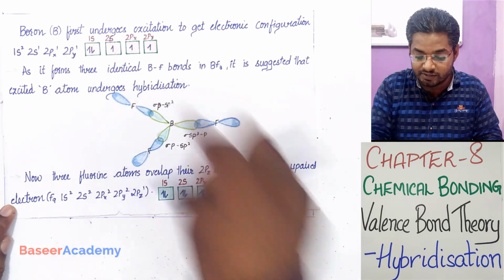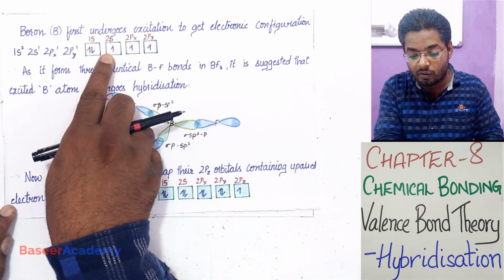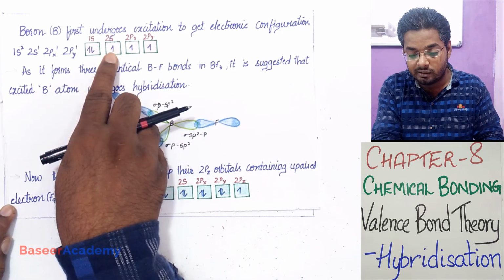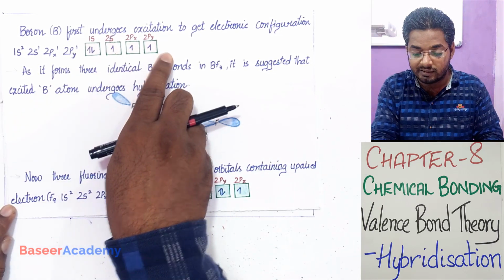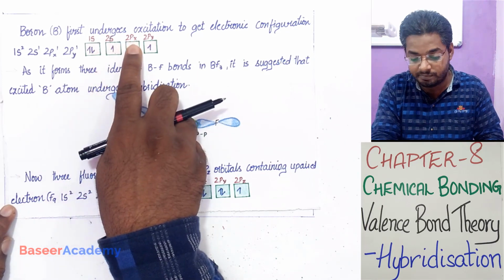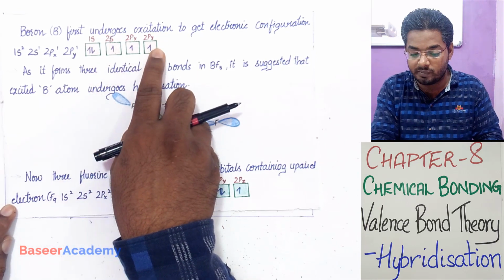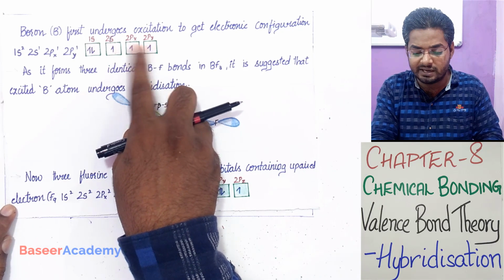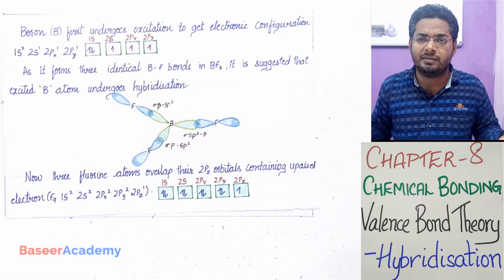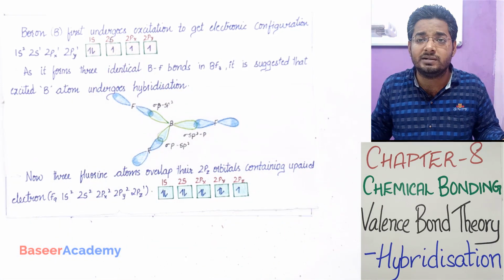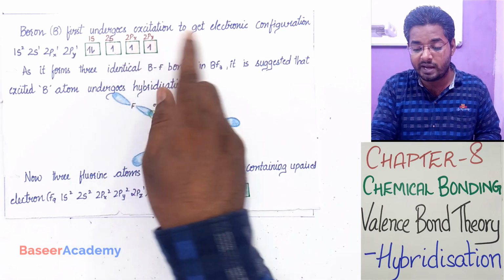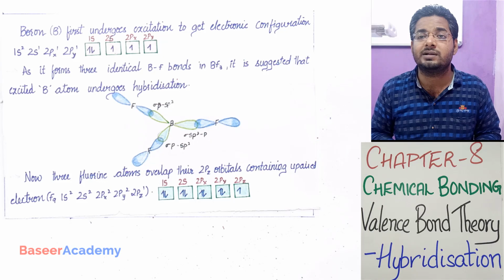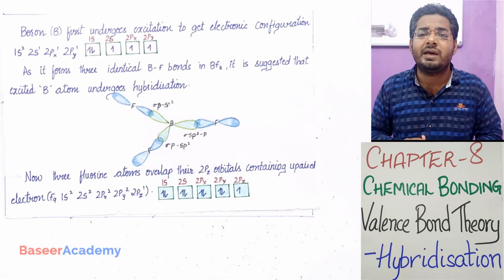But if that happens, you can see that the overlapping orbitals are different. Boron does not have the same orbitals here. It has s orbital here, it has px orbital here, it has py orbital here. These two orbitals px and py are identical. We call them degenerate orbitals. Remember, p has three degenerate orbitals, px, py, pz, and they have the same energy.